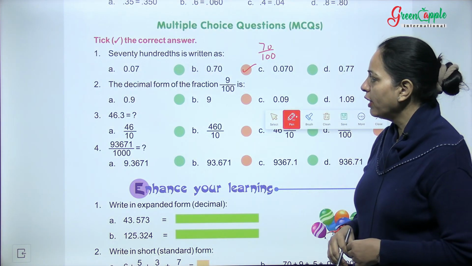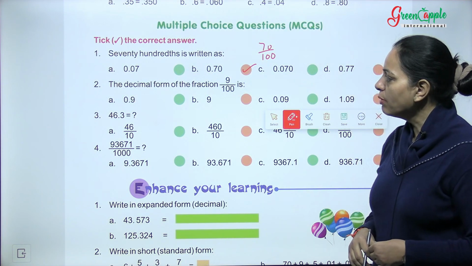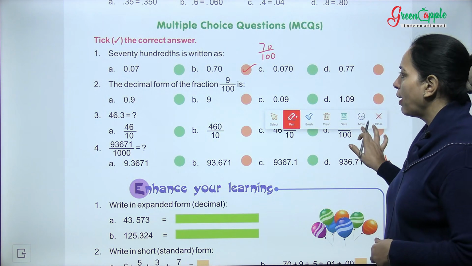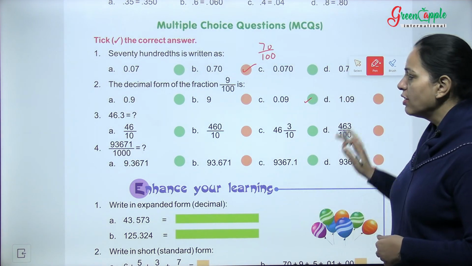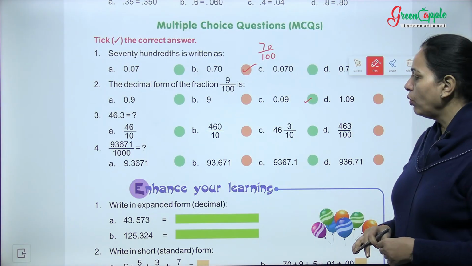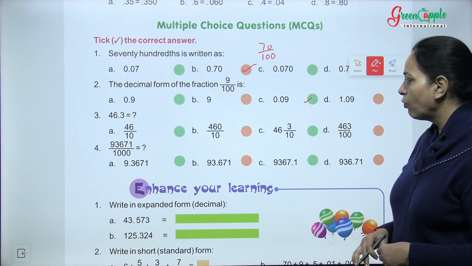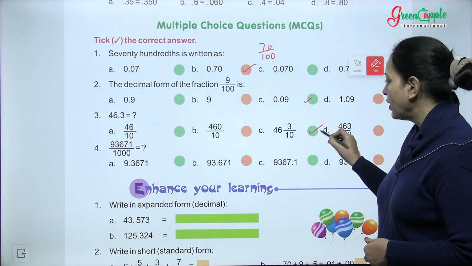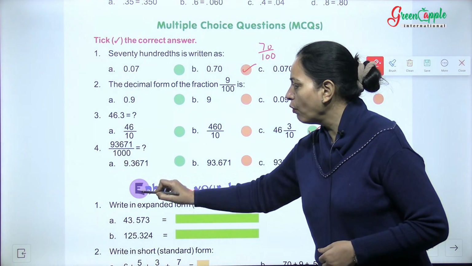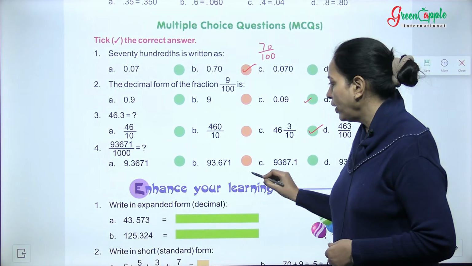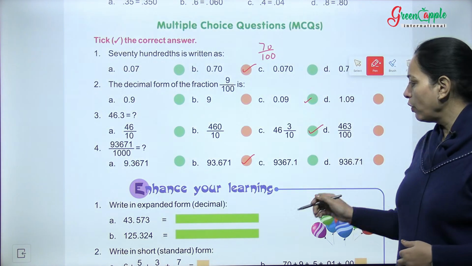The second one, the decimal form of the fraction 9 by 100 is 0.09. The third, 46.3 equals, this is 46 whole 3 by 10. Okay. Similarly, the fourth one, this number upon 1000, so 93.671.